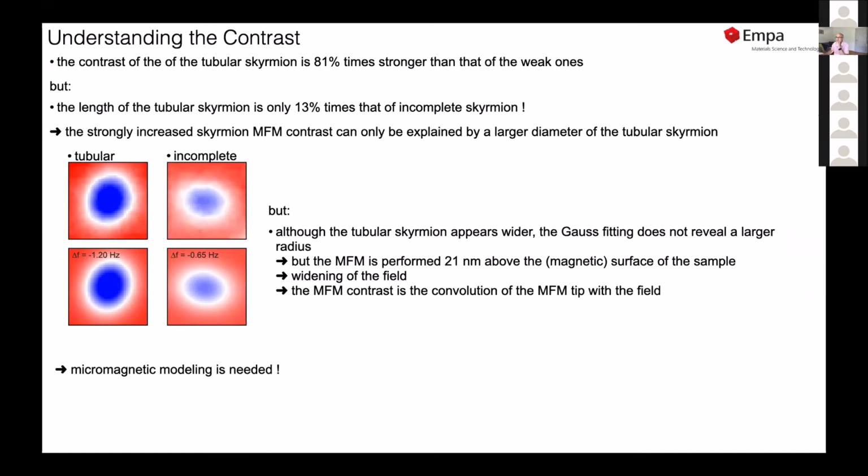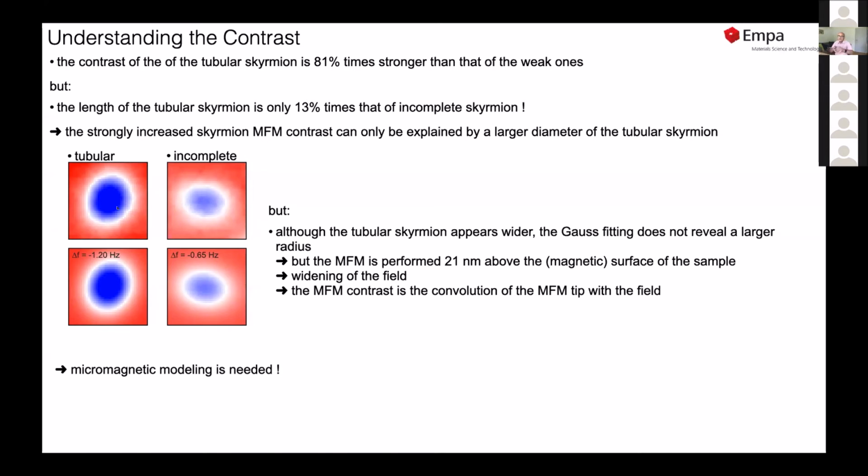So we need to understand the contrast. And understanding contrast is actually not so simple, because the contrast is 81% stronger if you compare the tubular to these incomplete skyrmions, but the length of a tubular skyrmion is actually only 30% larger. So how can we explain the 80% stronger contrast?